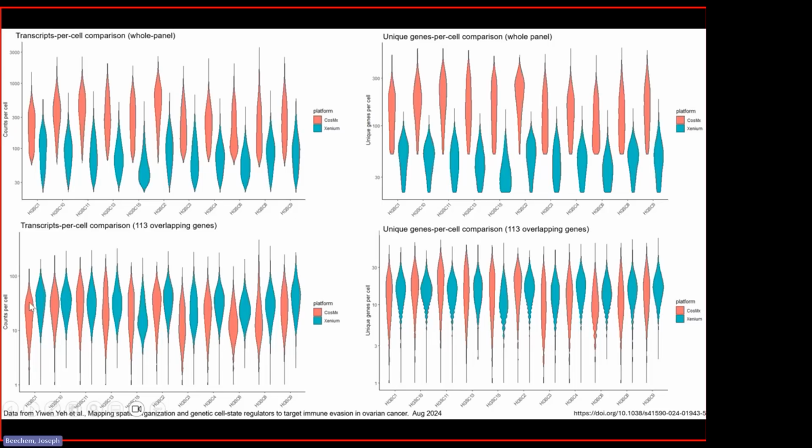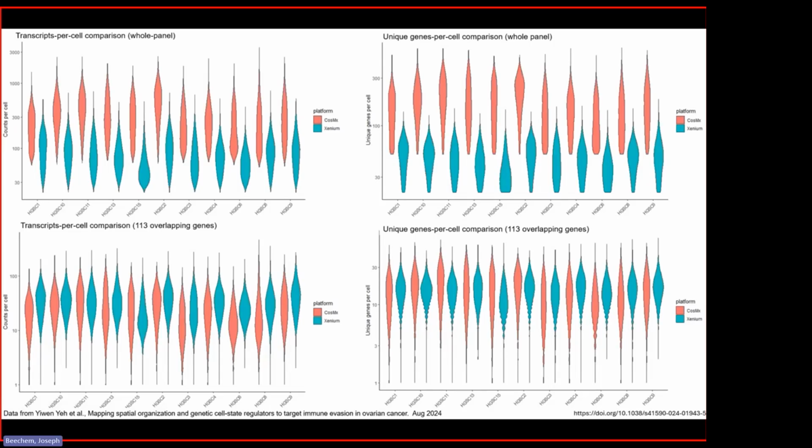And now you can see all these overlapping on the overlapping genes, and it turns out there's 113 overlapping genes, all these different patients, 2 different areas, topological regions, and on the overlapping genes, yeah, they're pretty much commensurate. Sometimes CosMx a little higher, sometimes Xenium is, but it's pretty much commensurate among this whole batch.